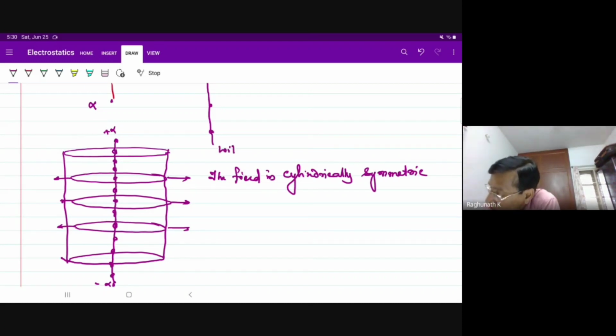With n equal to infinity. That's all I can tell, extending the previous case. With n equal to infinity, the field created is cylindrically symmetric.